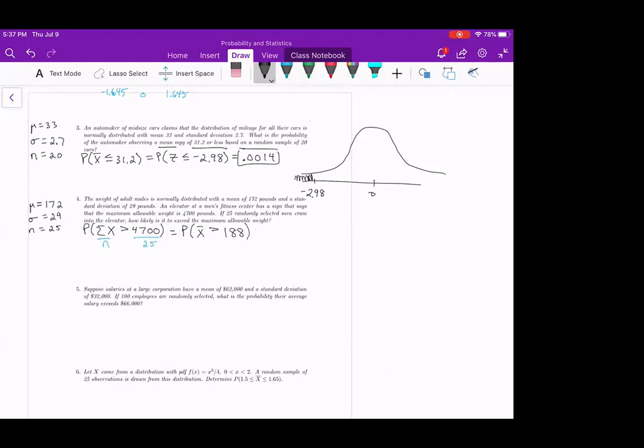So now we are in a place that we've built some comfort with because we've practiced twice now finding the probability of a mean. And so from here, what are you going to do?